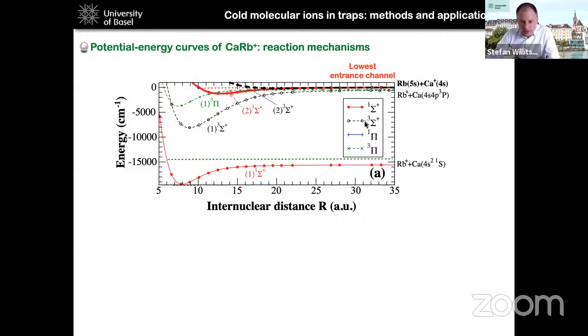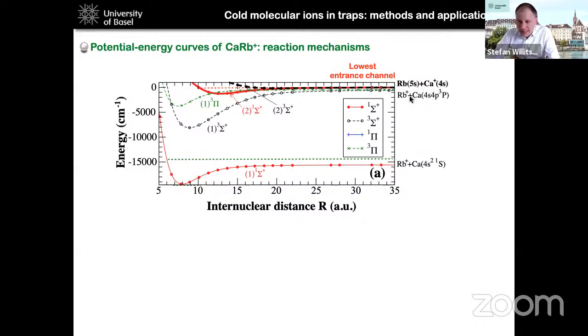However, what one has to realize is that this here is not the lowest state of the collision system. Rubidium has a lower ionization energy than calcium, right? So this means that there are charge transfer states which have a lower energy than our entrance state.